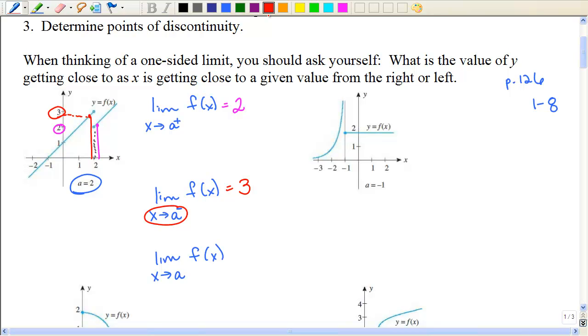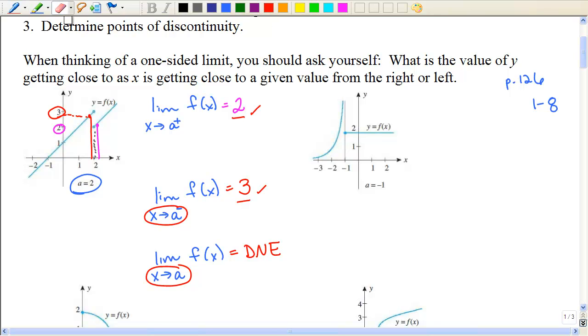Now, when those two numbers are different, as in this case, and they ask you what is the limit as x approaches a, meaning from the right and the left, this limit does not exist. The only way it would exist is if these two numbers are the same.